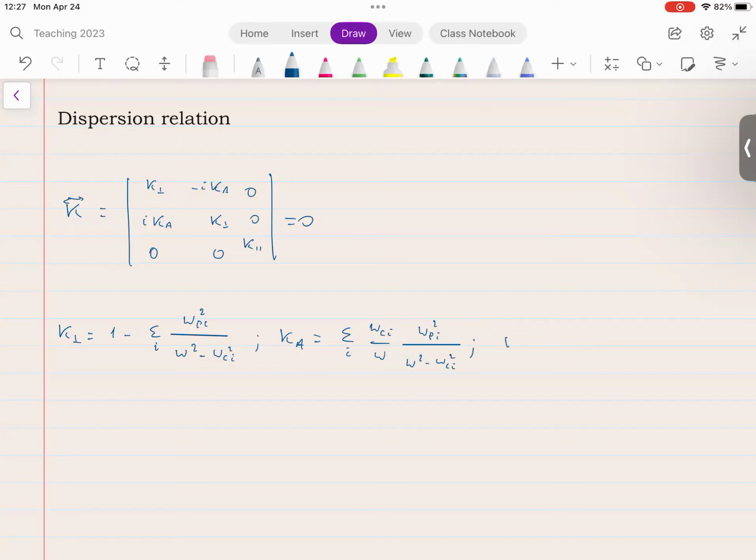And finally, the k parallel term is 1 minus the sum of omega plasma square over omega square. At least some pieces of this should look familiar.